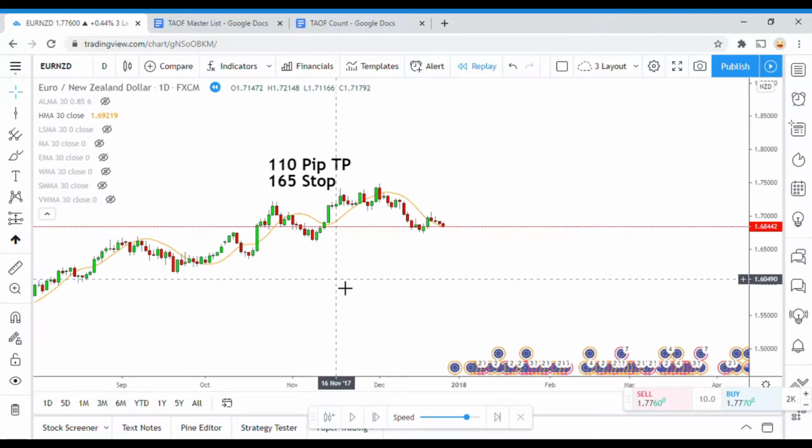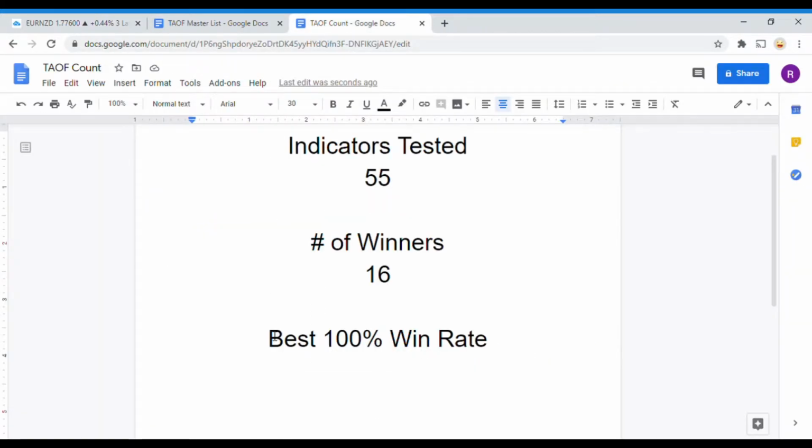Alright, as I said, today we will be testing the whole moving average. But before we do, I wanted to put the indicator scoreboard up for everyone to see. To date, we have tested 55 indicators, and out of those 55, 16 have been winners, which means that they have met or exceeded the 60% win-loss ratio threshold that we have set. The best one so far was able to achieve a 100% win rate.